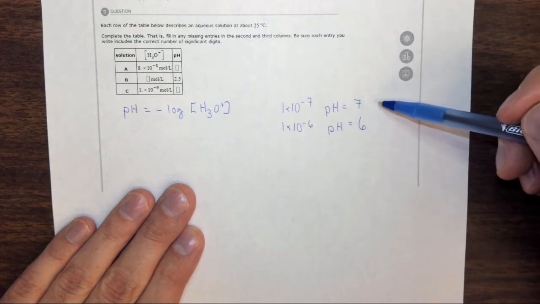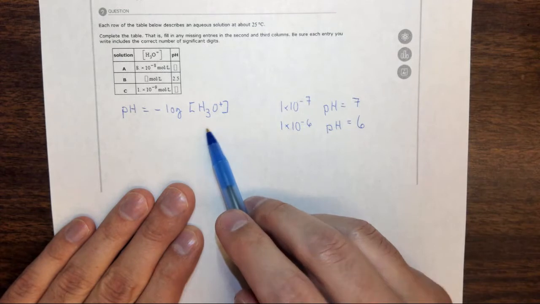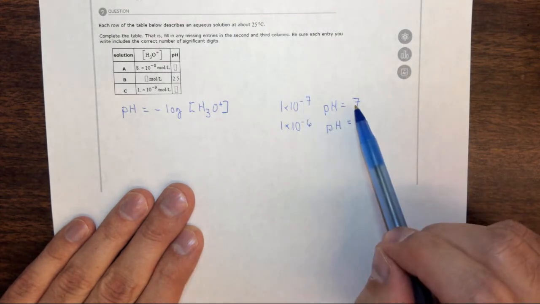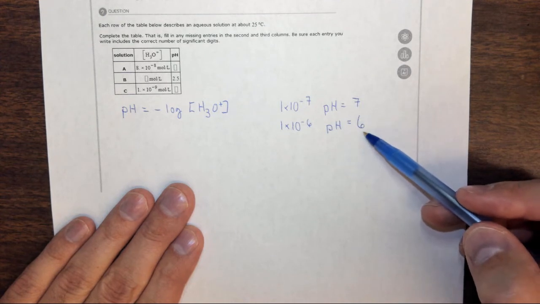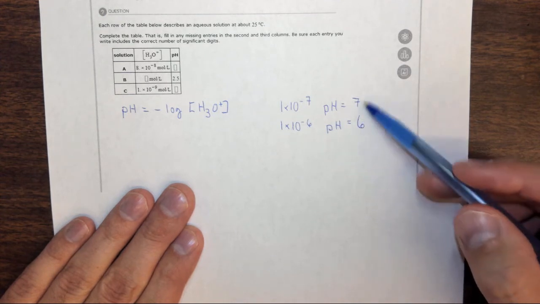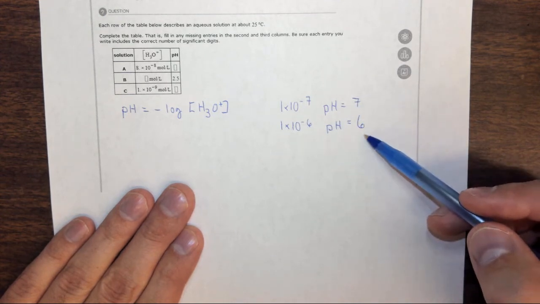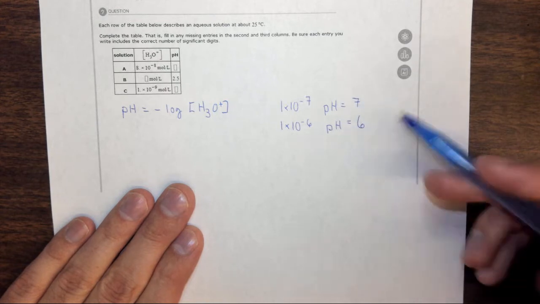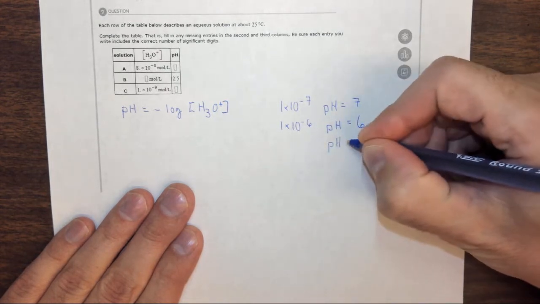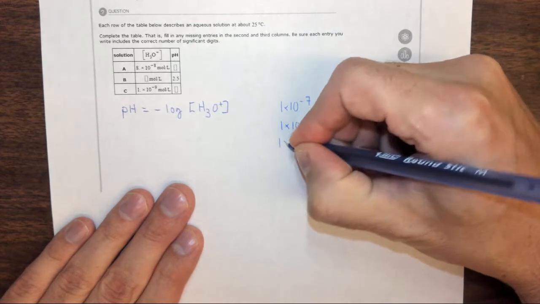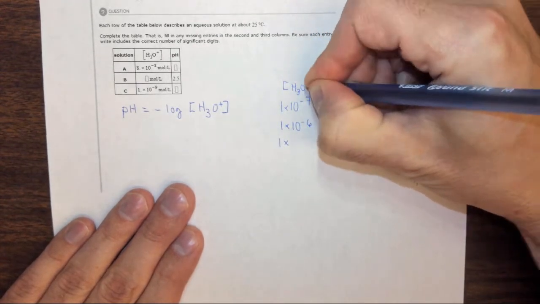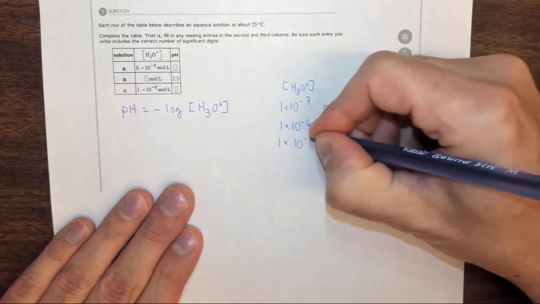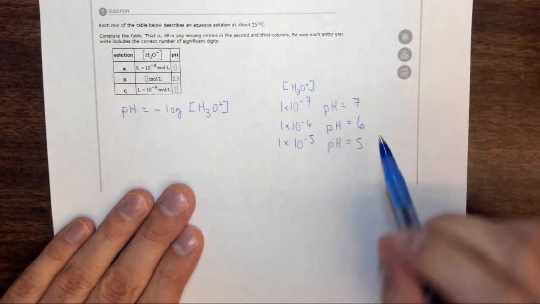But what's important to remember, one, of course, is the formula. But secondarily, as we transition from a pH of 7 to a pH of 6, the concentration hasn't gone up a little bit, it's gone up by 10 times. And if we went from pH 7 to, say, pH 5, these concentrations of H3O plus would be 1 times 10 to the minus 5, which gives us a pH of 5.